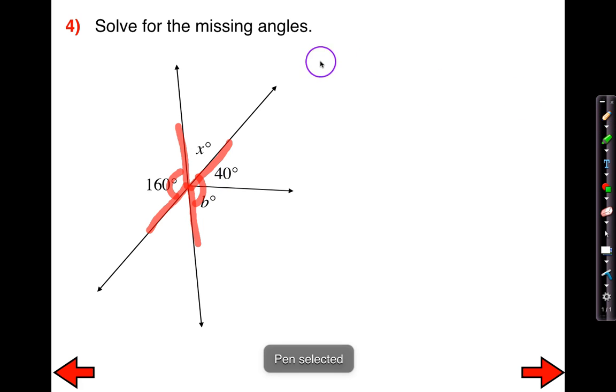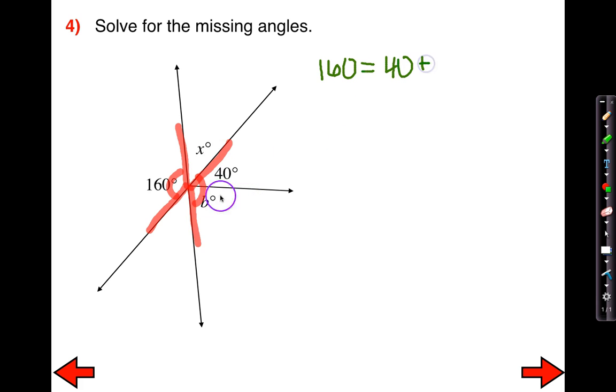So I'm going to set my equation up as 160 equals both of these angles combined, the 40 along with angle B. Now, to solve for B, I'm going to subtract 40 from both sides, leaving me with 120 degrees equals B. So now I know that the measurement of angle B is 120 degrees.